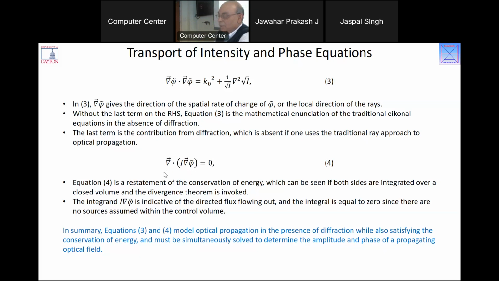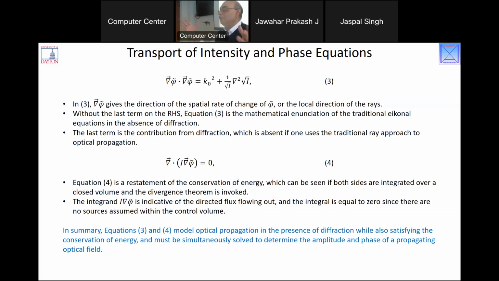Okay. So then, if you did this, when you converted it to a volume integral, and you took the integral and wrote all of that, you're going to find that this equation is really a restatement of the conservation of energy. Why? Because when you integrate all of that, what you're really finding out is the total flux, as they call it. These guys like to use the word flux, electromagnetic flux coming out of a volume.